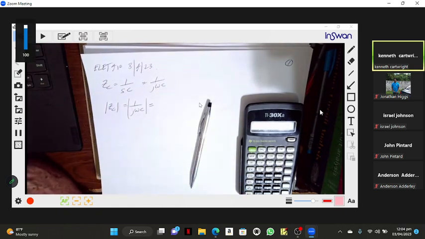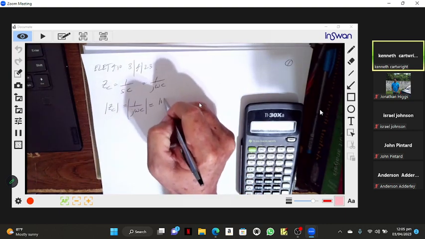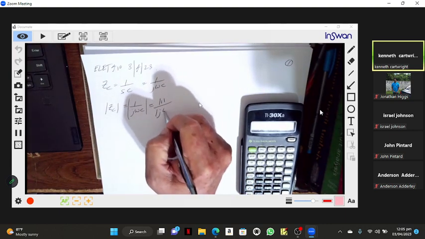What's the magnitude of a ratio? The magnitude of the top over the magnitude of the bottom.